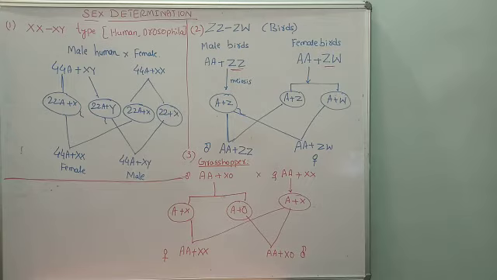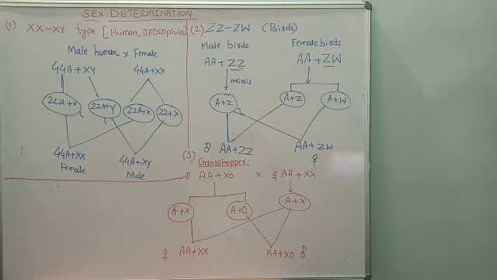If the sperm which carries the Y chromosome fuses with the ovum, a male child will form. Male produces sperm and female produces ova. So X of female and Y of male, if they fuse together, produce a male child.